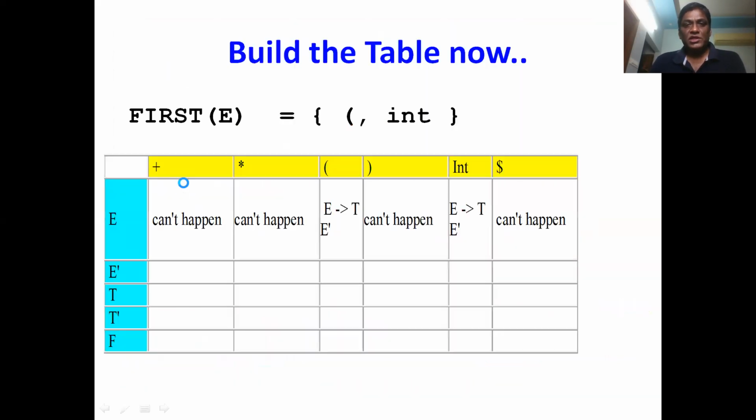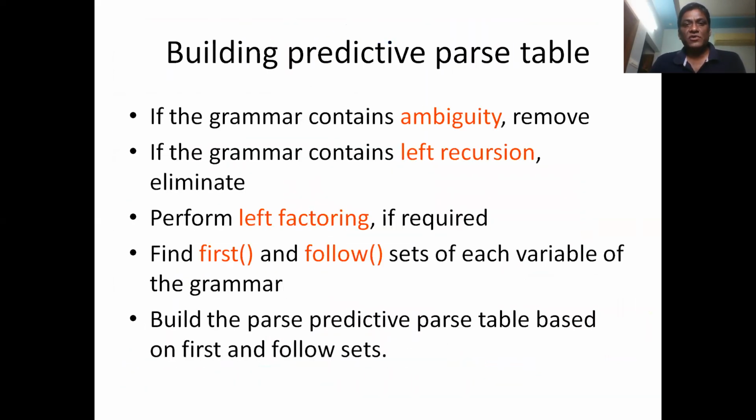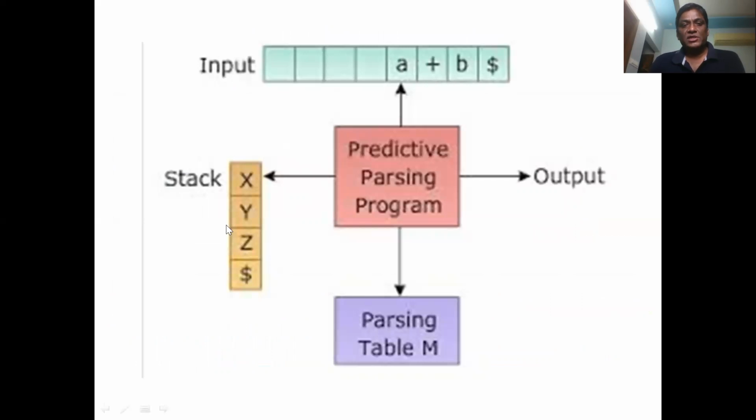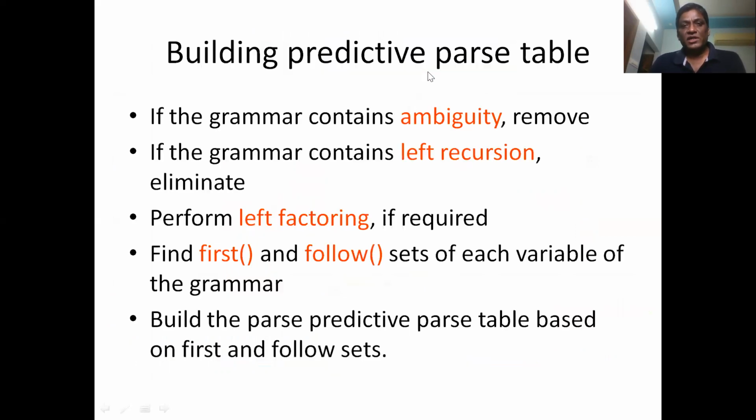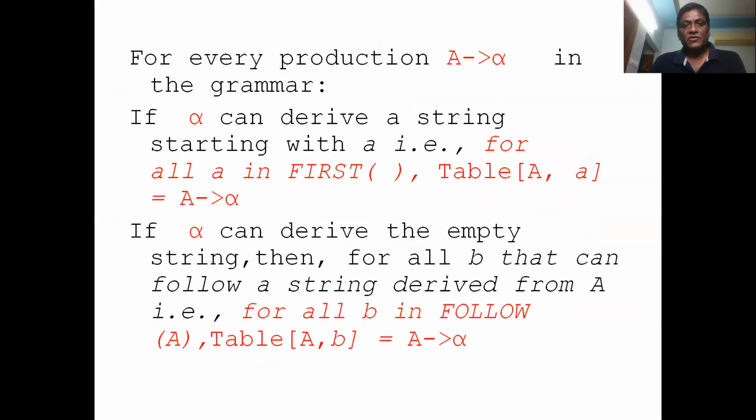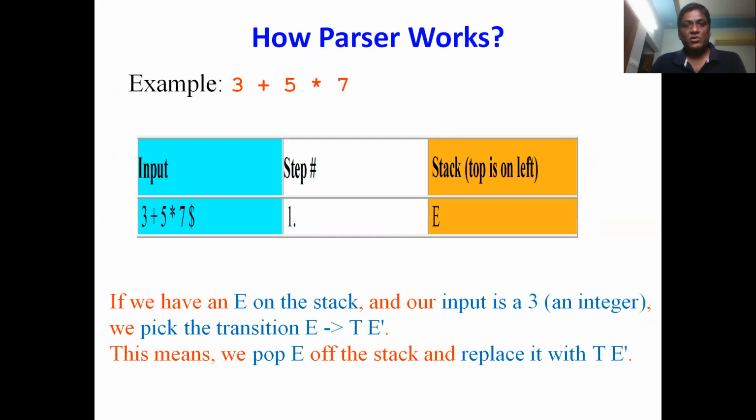As you know, in the first diagram we have seen, it makes use of a stack and an input buffer. The input buffer contains the input string, and the stack is used for processing purposes. So this table is showing the stack symbols and the input here.